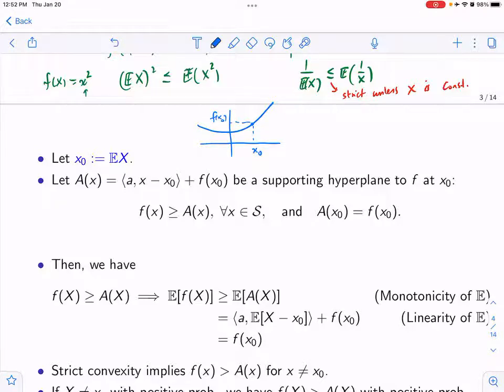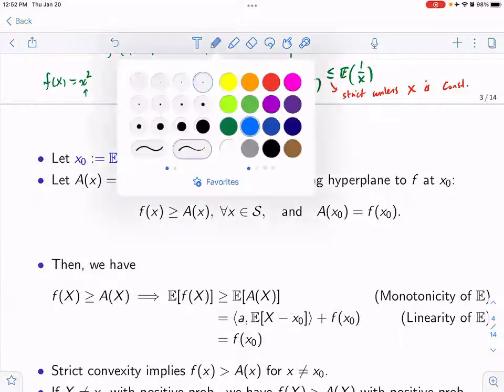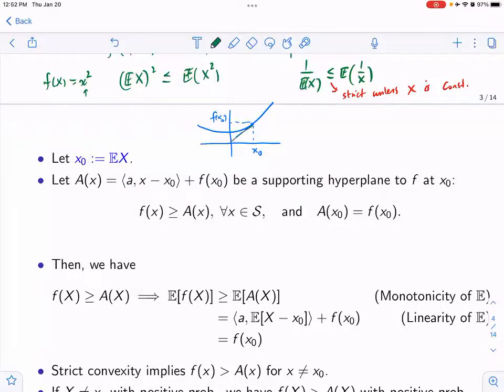A supporting hyperplane is like a tangent hyperplane. In R2, it would be just a line, right? So it touches the function at that point, and the function is above it. So that's the meaning of a supporting hyperplane.